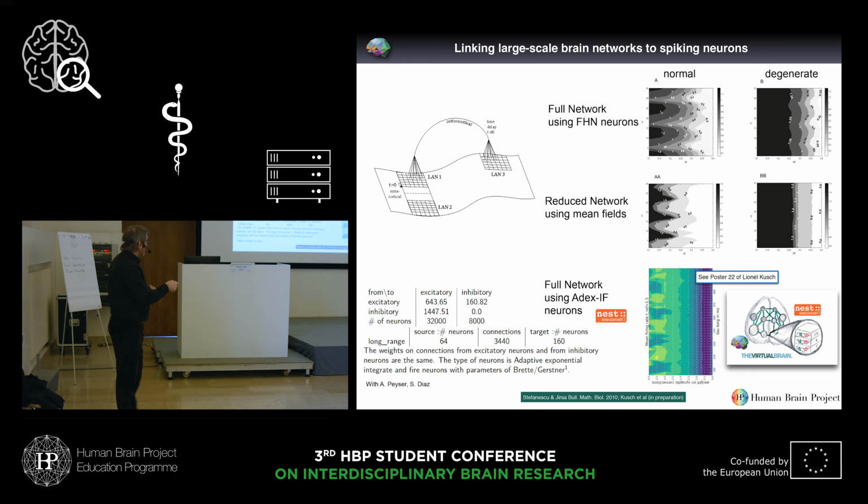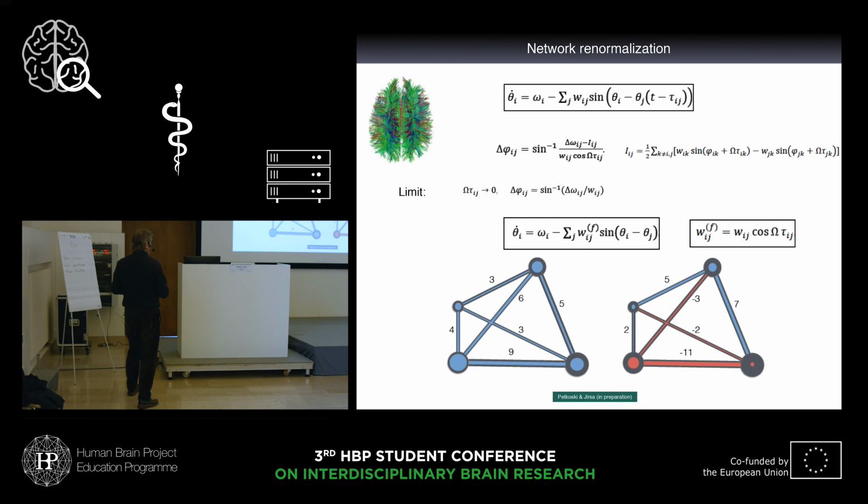On this level of organization, we'd like to map out the parameter spaces for the full network. And this we can do for the full network by essentially rescaling the connectome. Very quickly, let me show you that you can actually quantify the connectome on this level of organization by taking the time delay into account and putting a so-called phase oscillator, a Kuramoto system, on each of these network nodes.